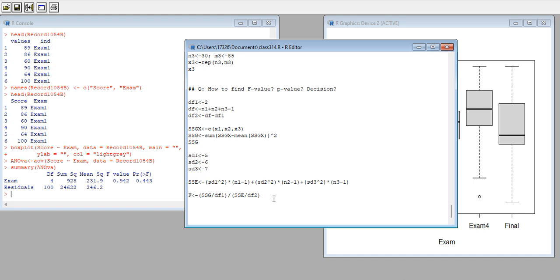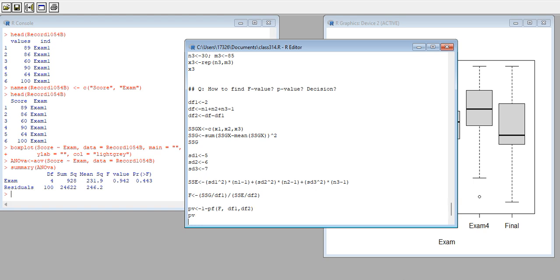Okay, so we have the F value. Then the P value equals 1 minus pf, the F value cutoff point, then degrees of freedom df1, df2.